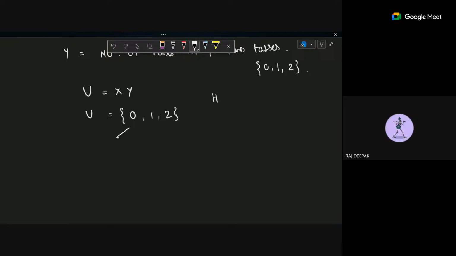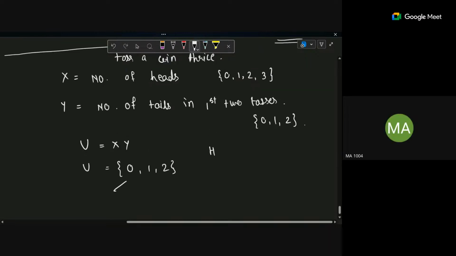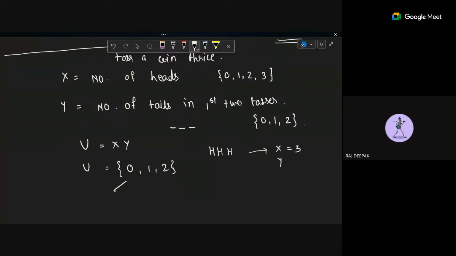Before that, can you explain the range of Y? It's asking only for the number of tails in the first 2 tosses. When you toss a coin 3 times, your outcome will be in the format of toss 1, 2, and 3. Let's say the outcome is HHH. Here X is 3, and Y is the number of tails in the first 2 tosses, so Y is 0.